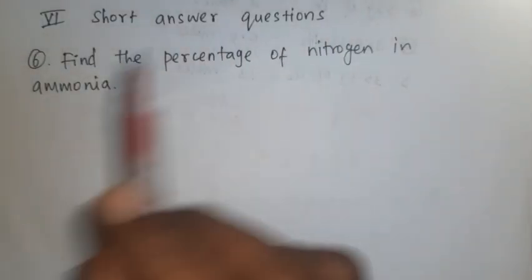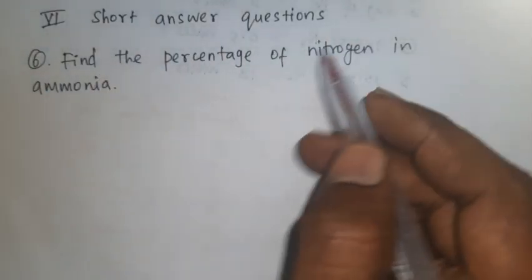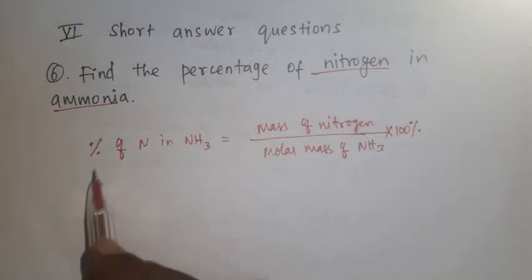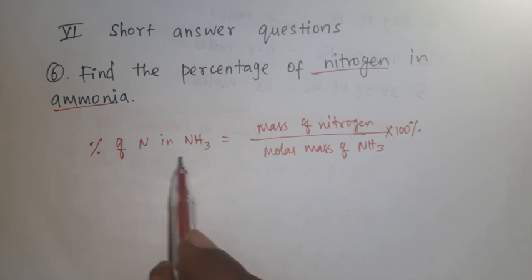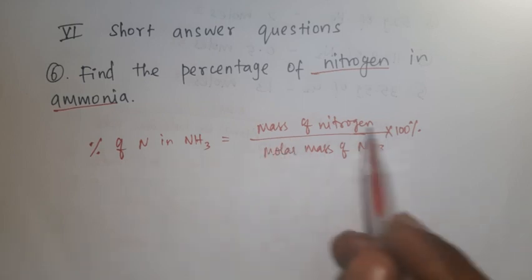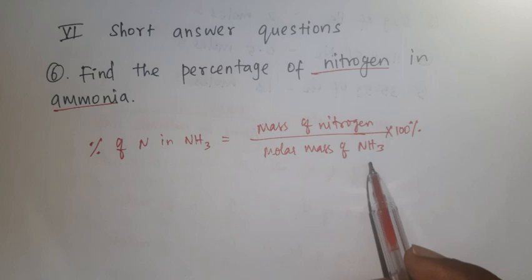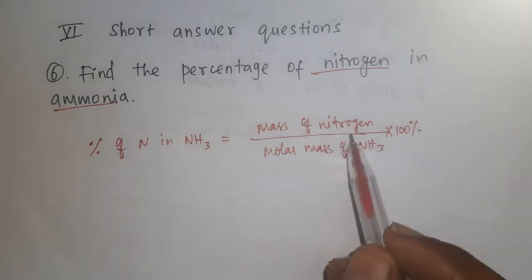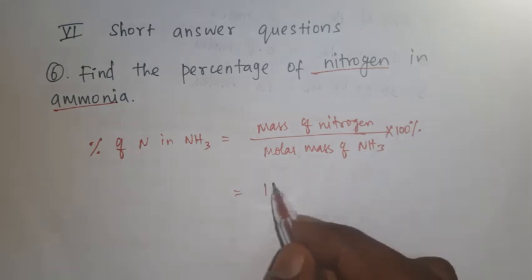In the short answer question part, sixth one, find the percentage of nitrogen in ammonia. Formula for this: percentage of nitrogen in ammonia is the ratio of mass of nitrogen to the molar mass of ammonia, multiplied by 100%. Mass of nitrogen, we know, is 14 gram.